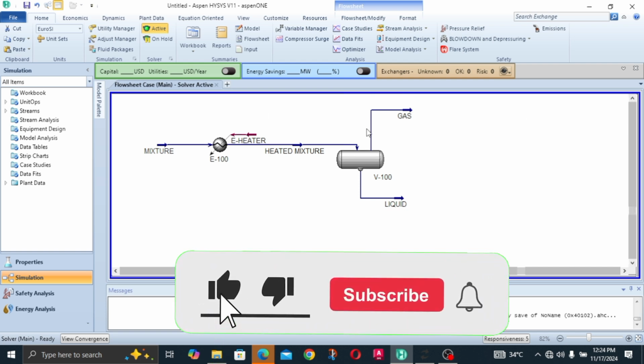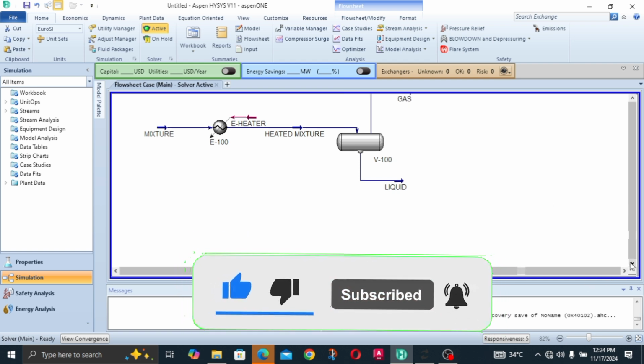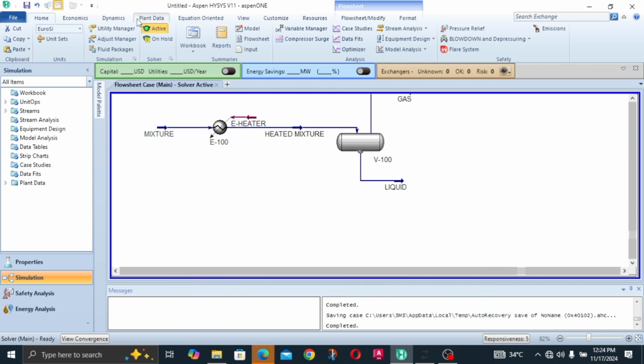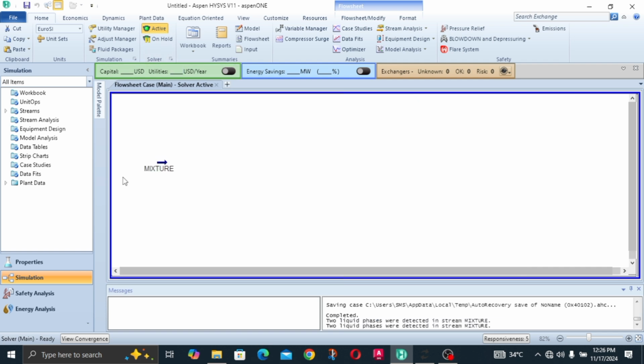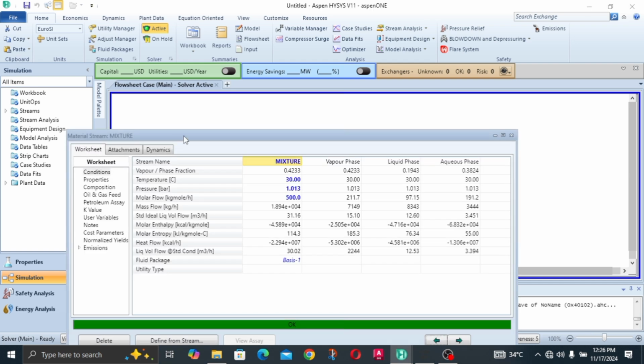So with this, we have covered the two-phase separator, both the vertical and horizontal. So let's try and cover the three-phase separator. For the three-phase separator, we're going to be using a component of H2O.